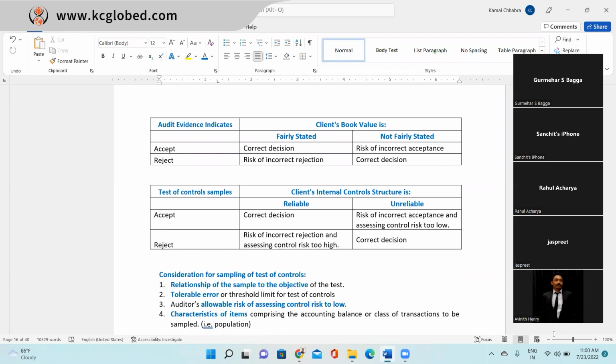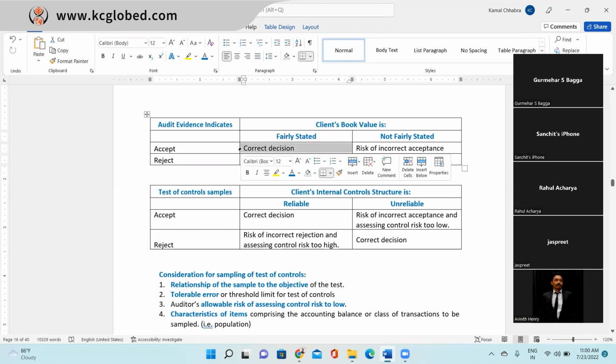If actually the entire population in the client book is also fairly stated, then the conclusion you have reached is also correct, because you have accepted and the client books are also fairly stated, then your conclusion is right.